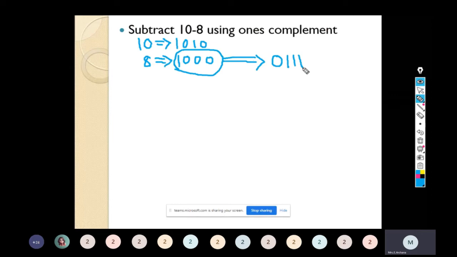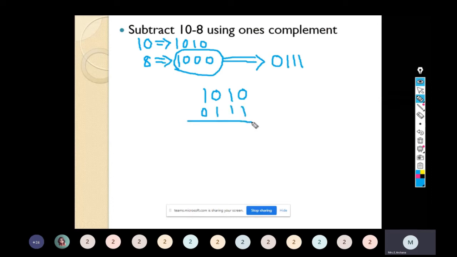Next step. Now we are going to add the binary number 1010 with the 1's complement of B. This is our second step. So this is going to get added with 0111.